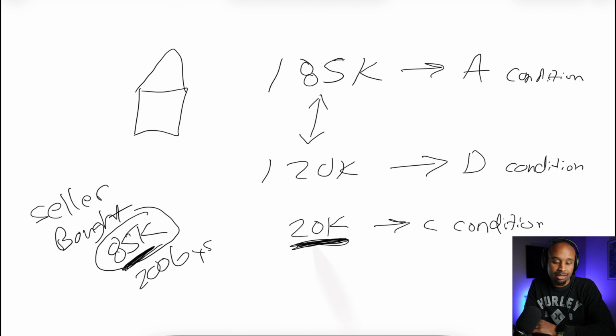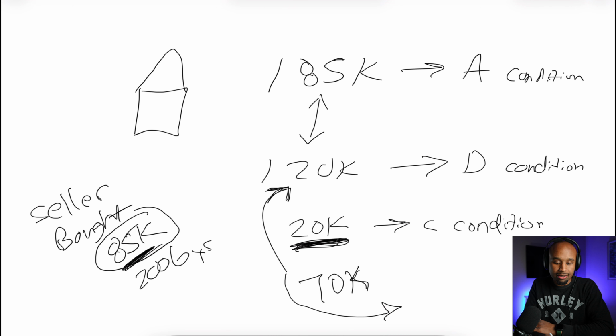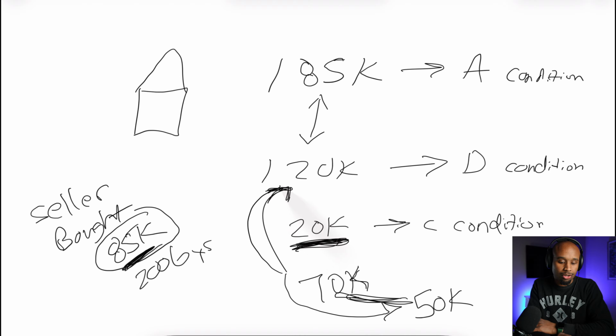Also in that video I did yesterday, I said that I wouldn't be comfortable unless there was 70K as the spread, between the price of what I can sell it at, which is this, in as is condition, and the price I would buy it for, which was like 50K or 60K. I think it was 50K, because both of these would add up to this 120.